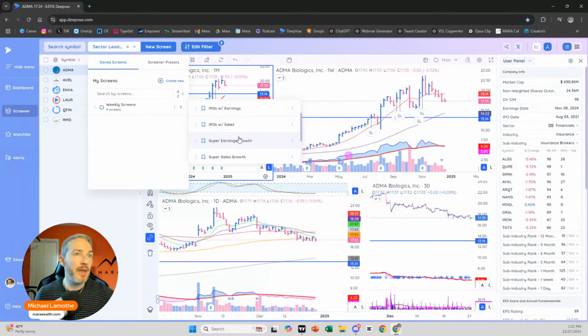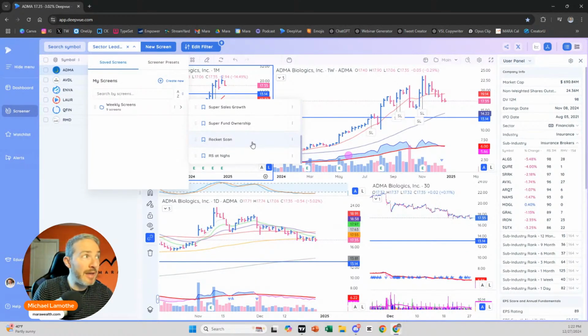So this could be IPOs all the way up to stocks that are 100 years old, that have extremely strong earnings growth, extremely strong sales growth, very high fund ownership, stocks that pass this rocket scan, and stocks that have relative strength lines that are at highs. By screening for these kinds of things, I'm getting stocks that either are leaders or are capable of becoming leaders.